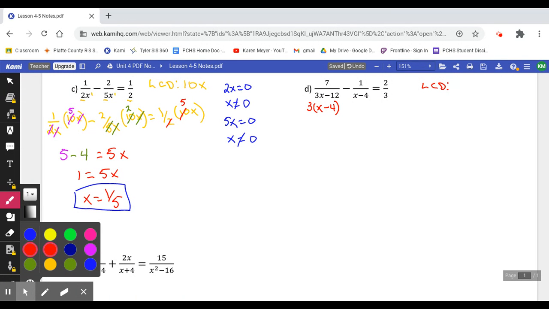So least common denominator. Okay, I have to have my outside 3's. They're shared, so remember, only write it down one time. And then x minus 4 and x minus 4 is shared, so only write that down one time. So my least common denominator is 3 parentheses x minus 4.